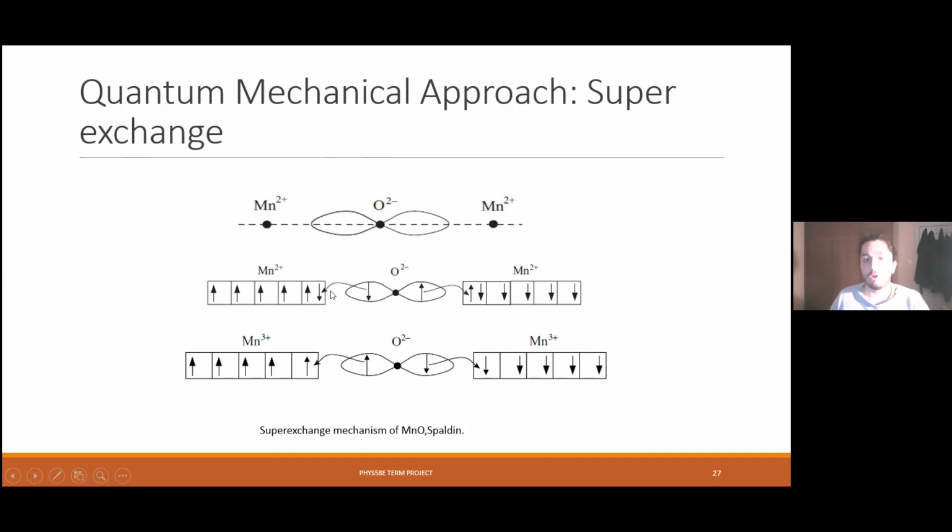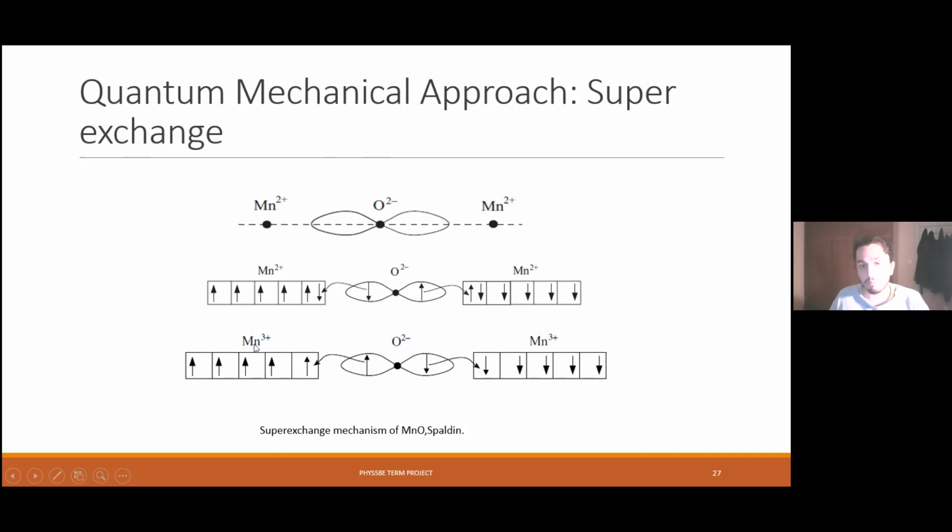Depending on Hund's rule, if we have an up spin here, we can only collect the down spin here. So this creates an antiferromagnetic structure, just like here.